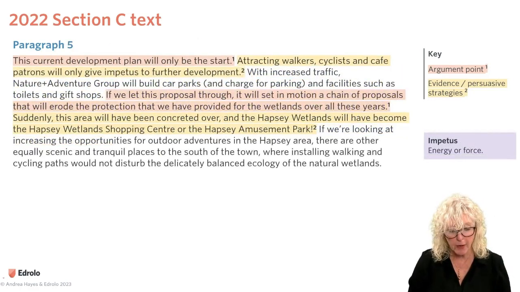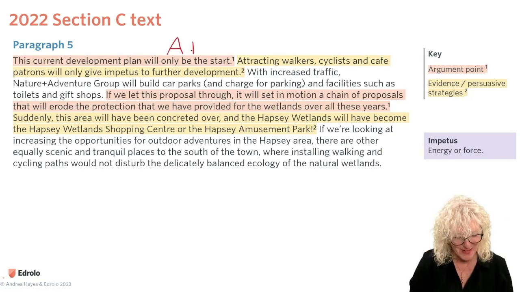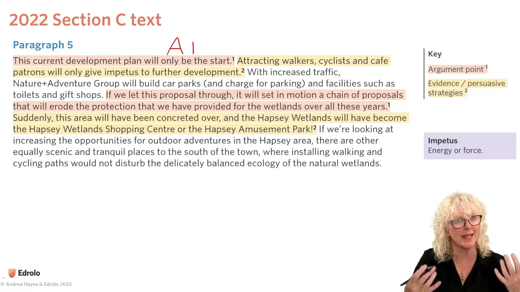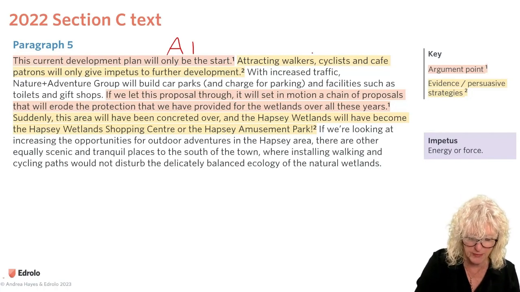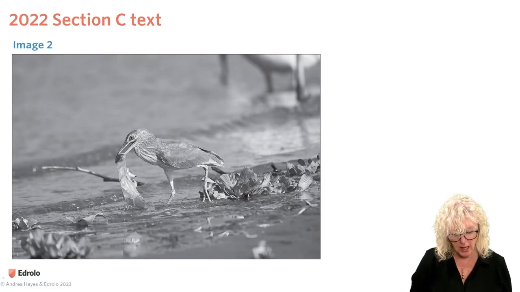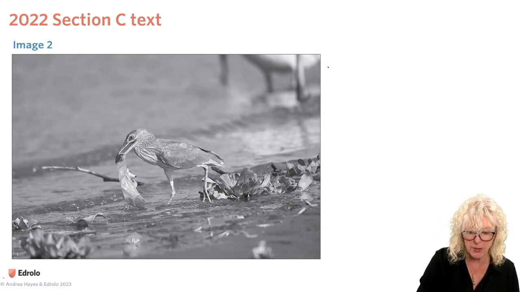Here we have paragraph 5, another argument point early on in the paragraph. Current development plan will only be the start. And then we've got attracting walkers, cyclists and cafe patrons. So we've got a bit of a list happening here. Now here we have the second image or graphic. It's a photograph. We do need to note that.